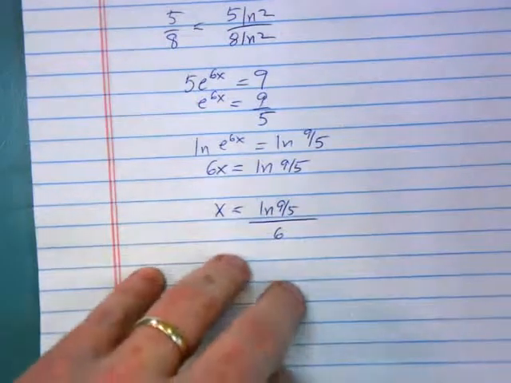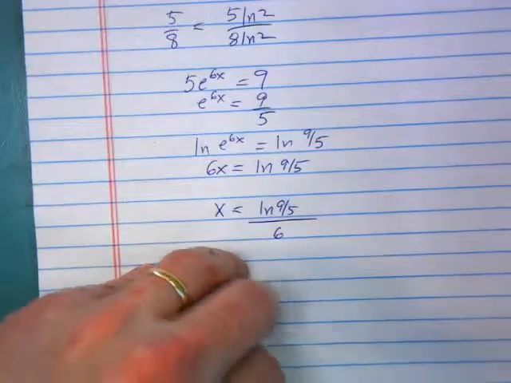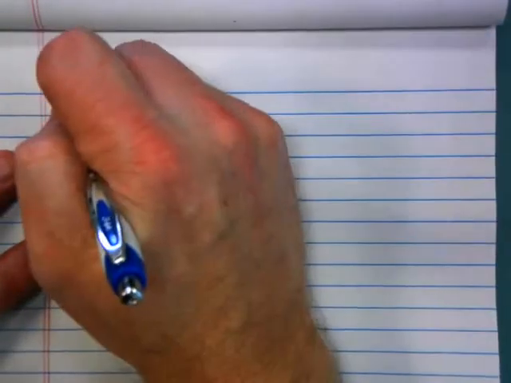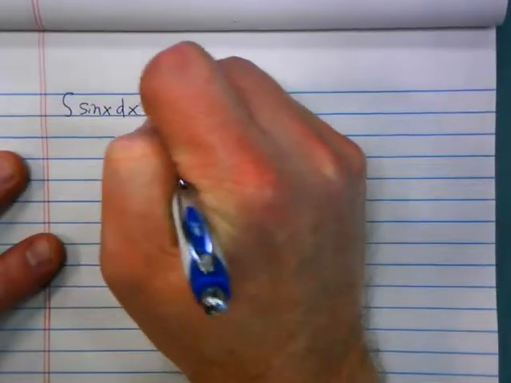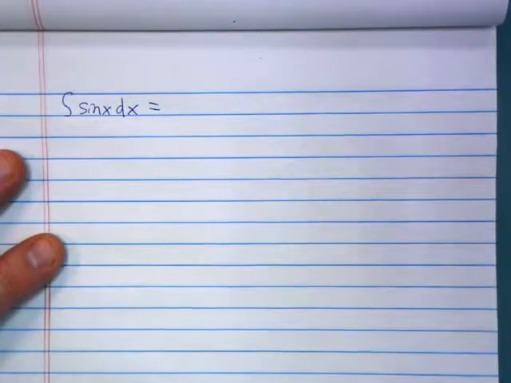All right, the other thing that shows up in this section is we have some new rules. You might remember from Calc 1, we had some trig rules. For example, we had a rule for the antiderivative of sine x dx. What's the antiderivative of sine? Negative cosine or cosine?